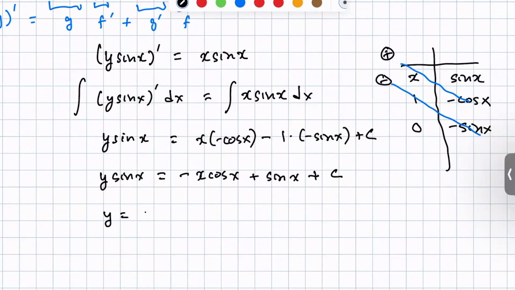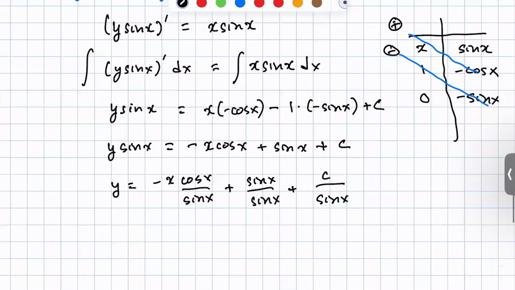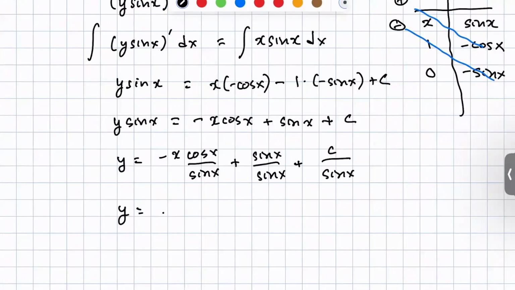Y equals minus x cosine of x over sine x plus sine x over sine x plus c over sine x. So my final answer is y equals minus x cotangent of x plus 1 plus c times cosecant of x. And that's the end of the problem.